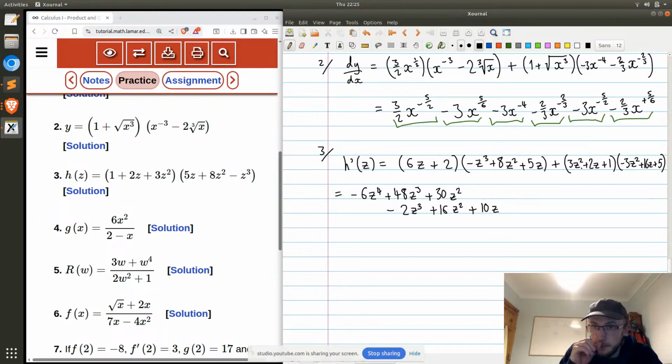Then over here, first I'm going to be organized and logical. So minus 9z to the 4. Then 48 minus 6 is 42. So 42z cubed. Then 15 plus 32 is 47. 47 minus 3 is 44.